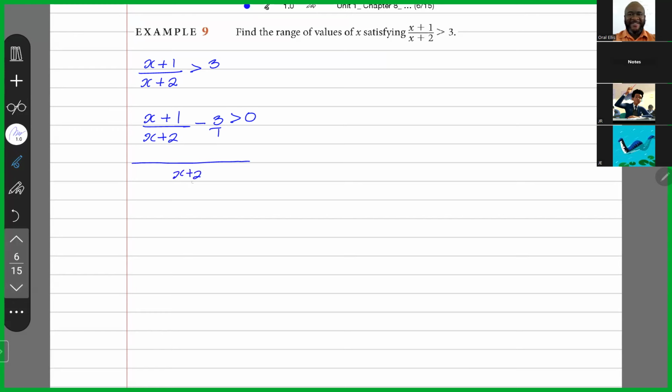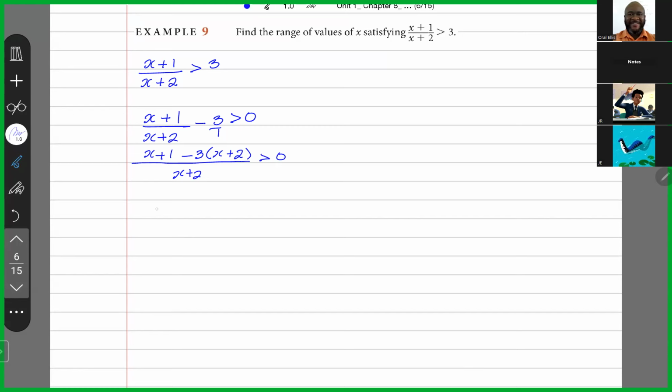Now, x plus 2 into x plus 2 is 1. 1 times x plus 1 is x plus 1, minus 1 into x plus 2 is x plus 2, and you're going to multiply that by the numerator, which is 3. So it's 3 times (x plus 2). And everything on the left is greater than 0 on the right.